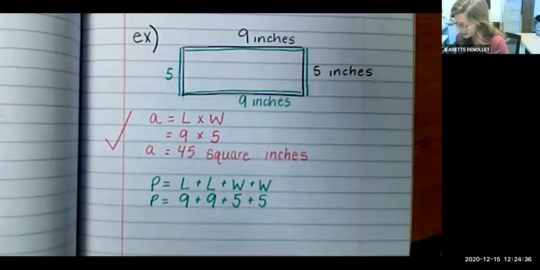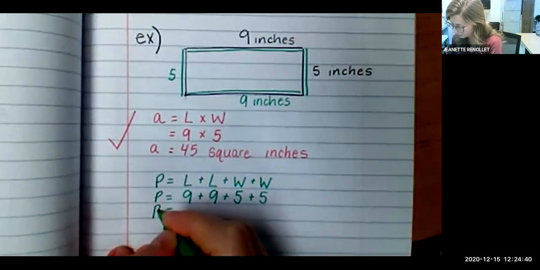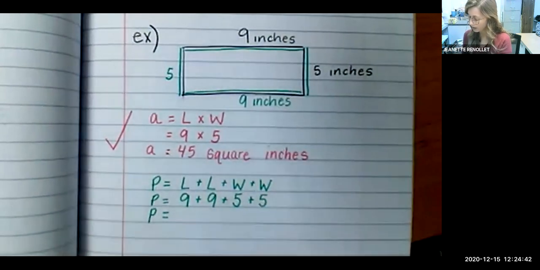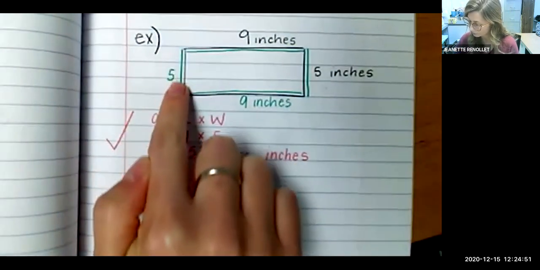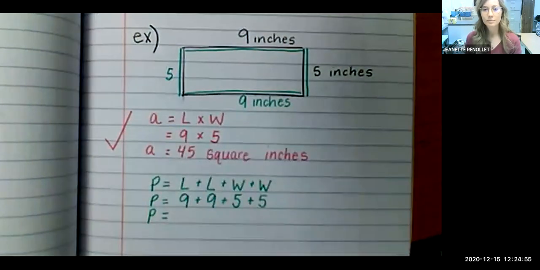So I'm going to add these together to find the perimeter. 9 plus 9 plus 5 plus 5. Do that now and see if you can figure out what the distance is around the shape.